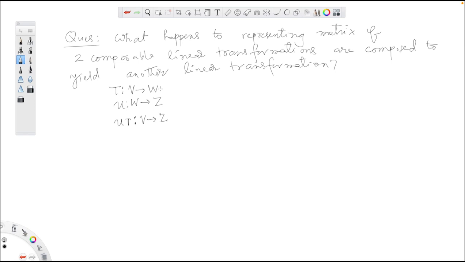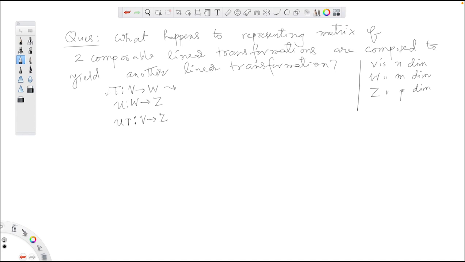So now the thing is that if I choose a basis, suppose V is n dimensional, W is m dimensional, and Z is p dimensional.